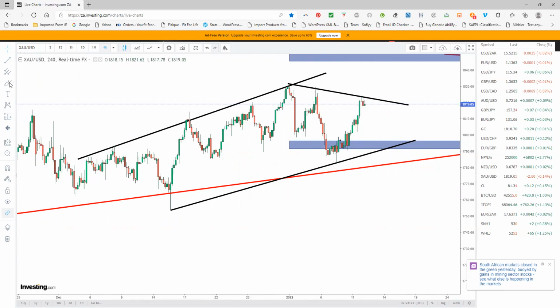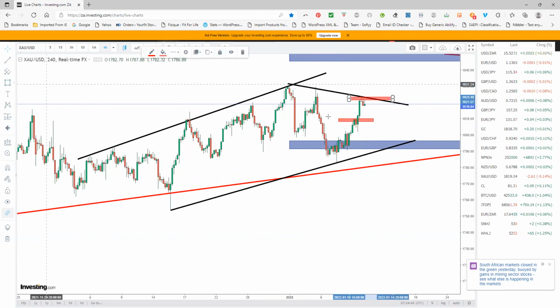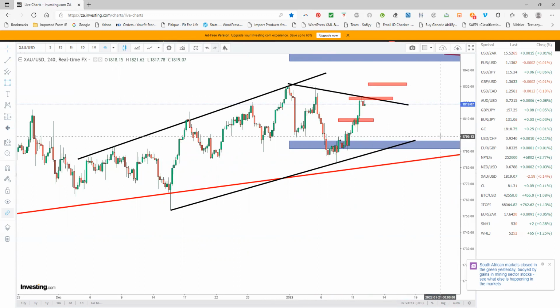So let's quickly have a look at where the levels are. Where are we in this level? If that is a W, down, up, down, then this is level 1. That is level 2. Level 3, if I look at that area of confluence, level 3 might be up there.